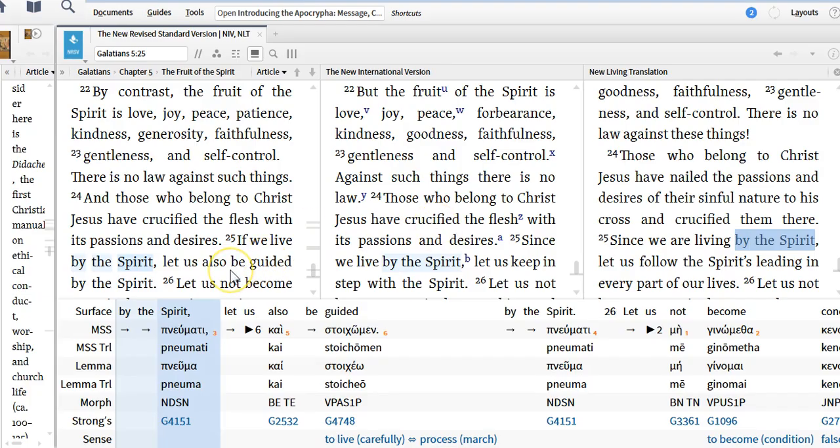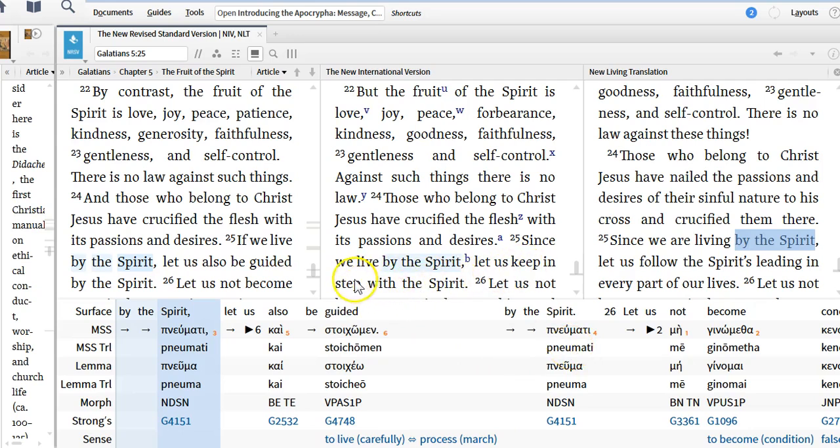Now, let us also be guided by the Spirit. Let us keep in step with the Spirit, which, by the way, I think is really a good translation of the verb, which you don't have to know about, but I'll just say it. The verb stoichomen, to walk in line with, to fall in line with. Keep step with the Spirit.